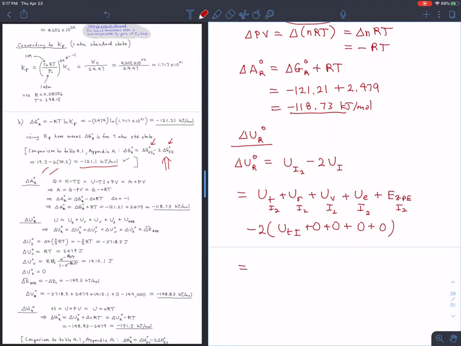And so that just becomes U translations minus 2 times U translations for I, plus U rotations for I2, plus U vibrations for I2.